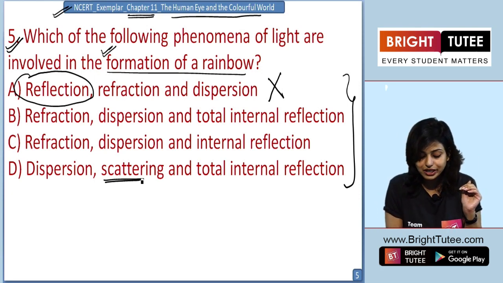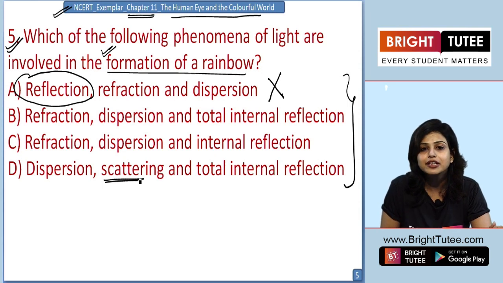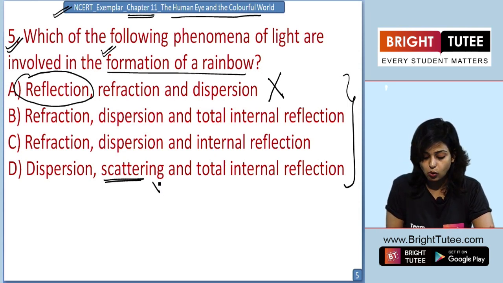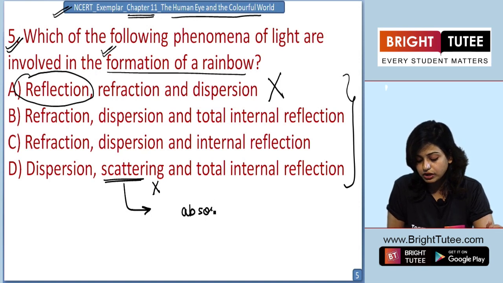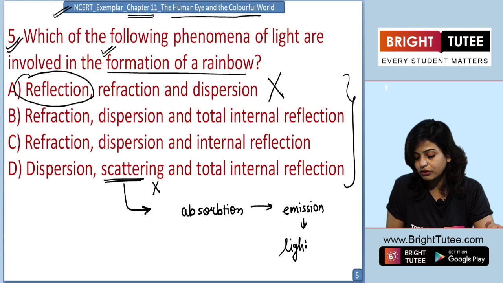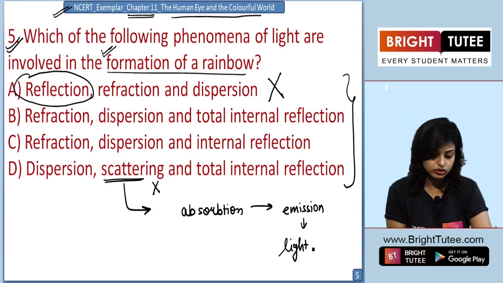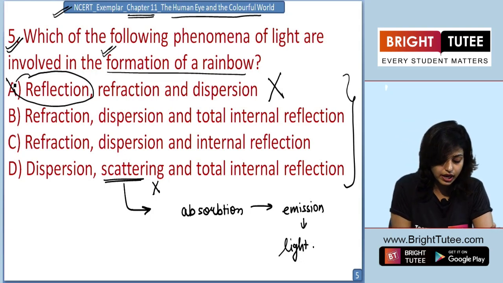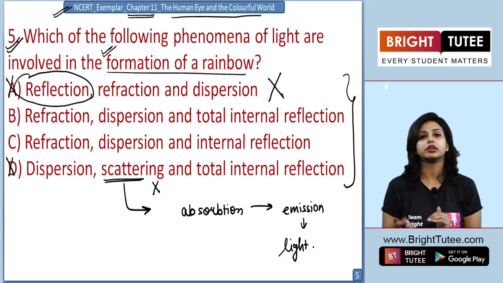Anything else that we can take out? Does scattering occur from raindrops? The answer will be no, because scattering means absorption and then emission of the light, which is not happening by the raindrops. So then we can say option A and option D are not the answers.